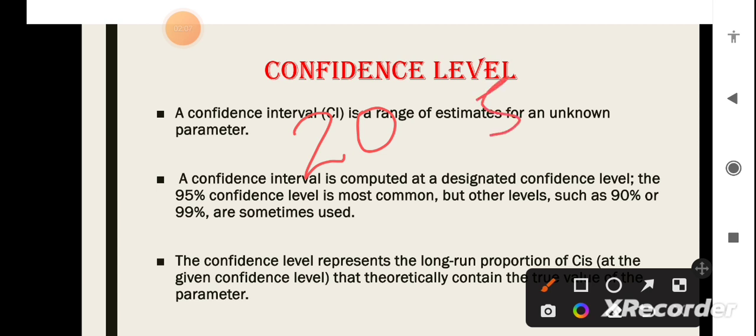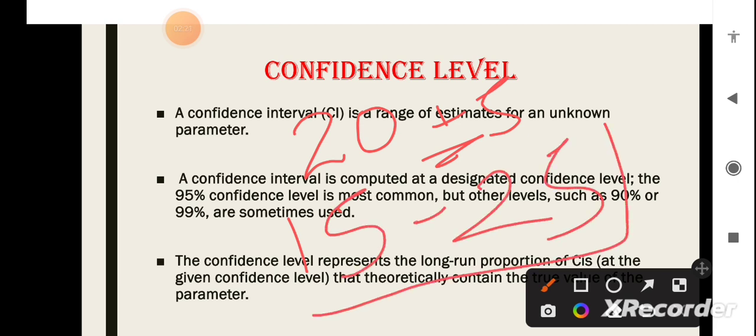As here we have taken that the mean of the sample is 20 and the confidence interval is 5. So by this we get that our value will lie in the range from 15 to 25, and if the value doesn't lie in the range, the region outside it is known as the alpha or the level of significance.